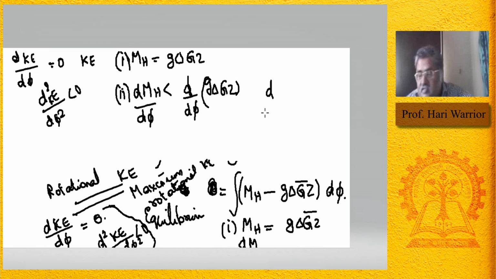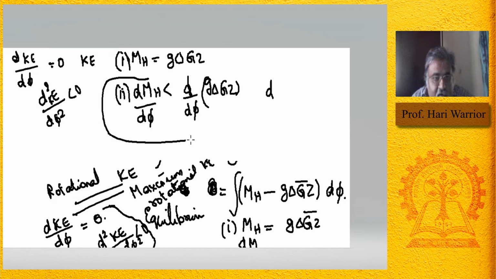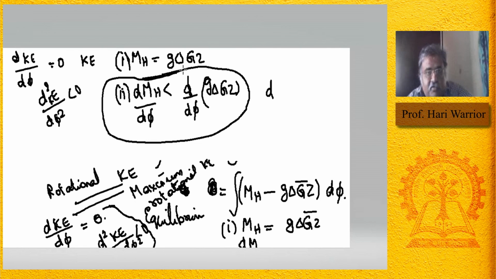Now this is the interesting part. What does this mean really? Can anyone tell me what this means really? So there are two possibilities for this, okay? One is that the dMH by d phi can be greater than this. Case 2, dMH by d phi can be less than this.